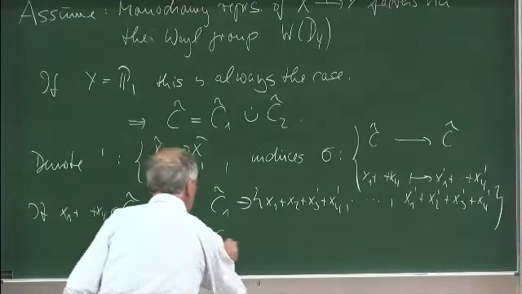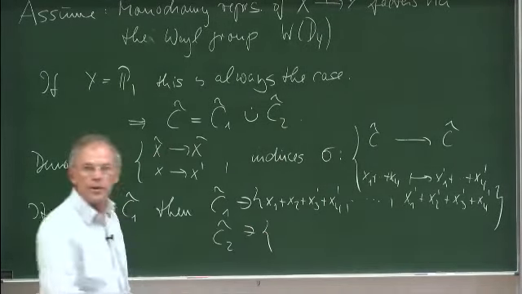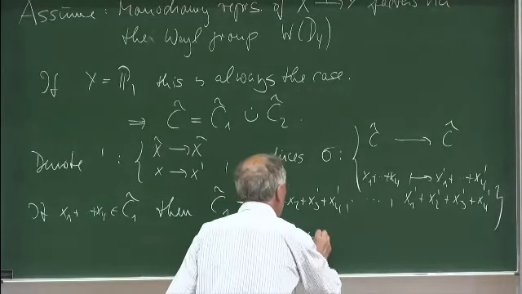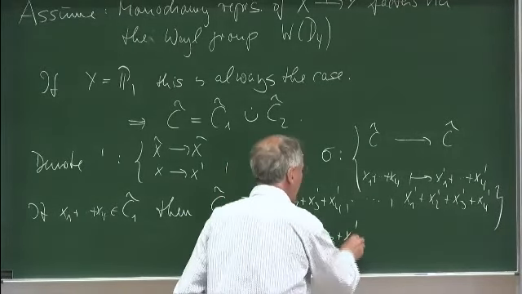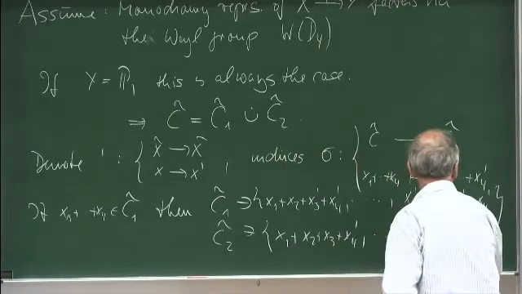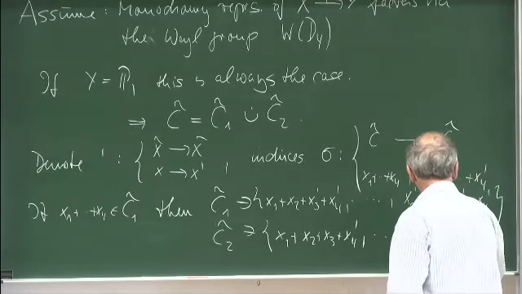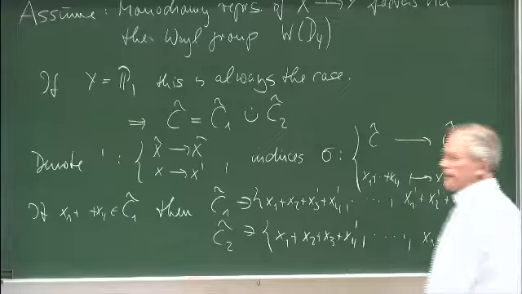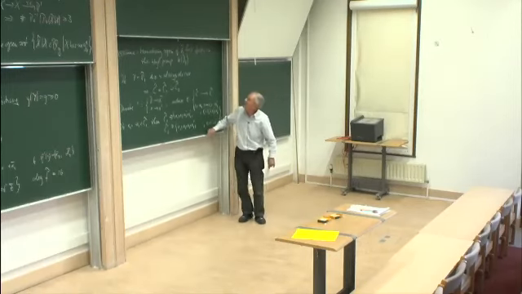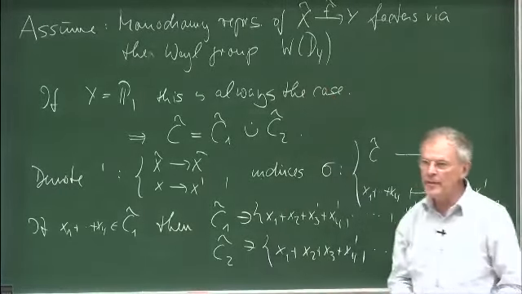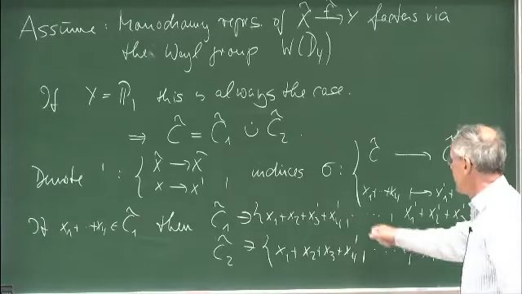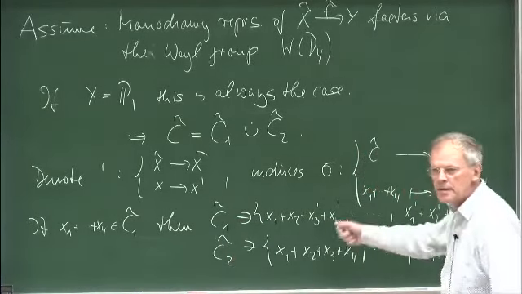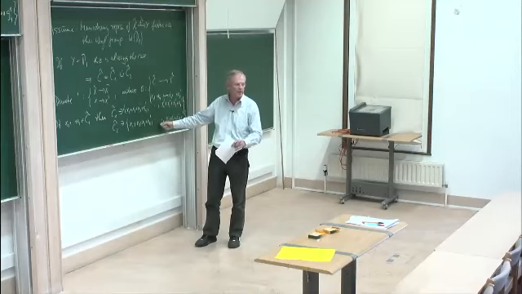And C2 tilde are just those which differ by three changes. So for example, it contains x1 plus x2 plus x3 plus x4 prime, etc. And then here, for example, x1 plus x2 prime plus x3 prime plus x4 prime. Right? And since this monodromy factors, you immediately see that sigma x on this and sigma x on this are different, just because here the number of changes is even and here it's odd.